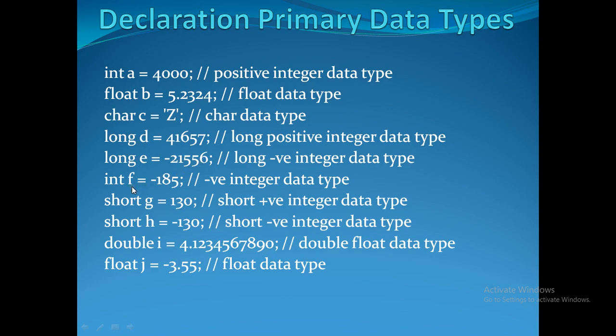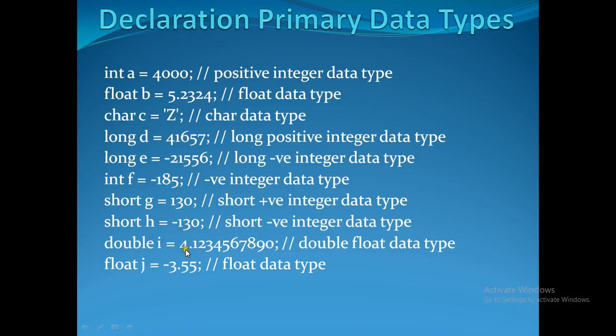Then a normal int, again for declaring a minus value: the range starts from minus 32,768, so minus 185 is in the range. That is the meaning. Short g, very simple, 130. Short h, minus 130 is applicable.